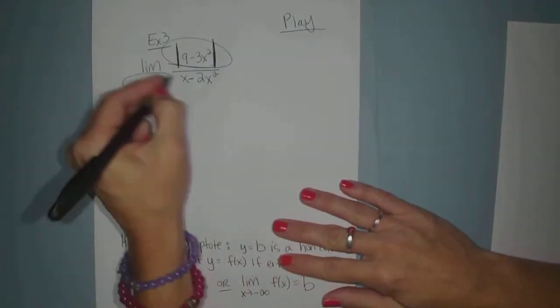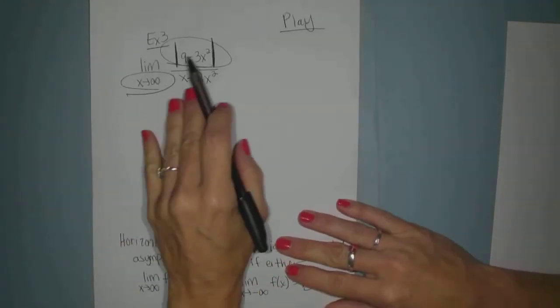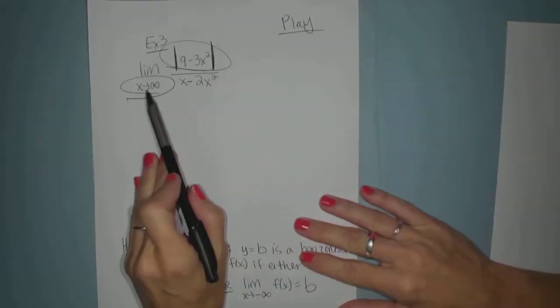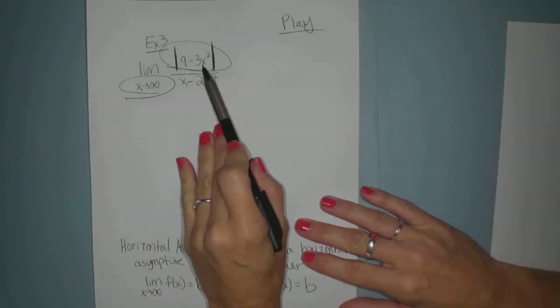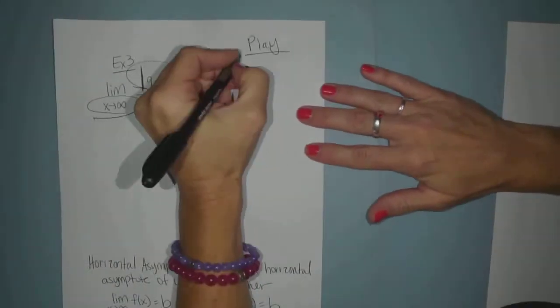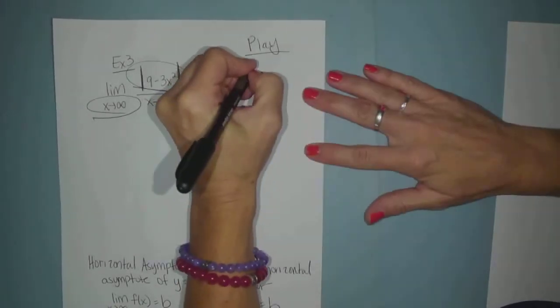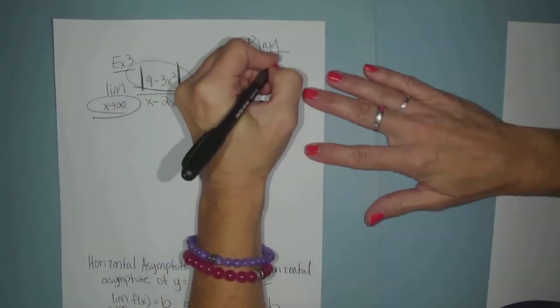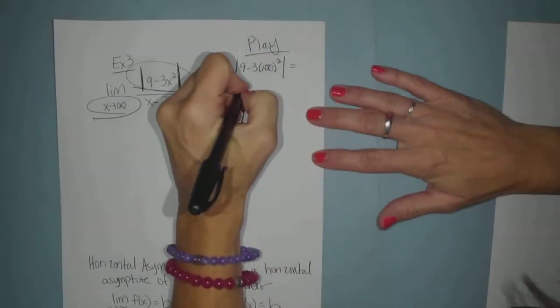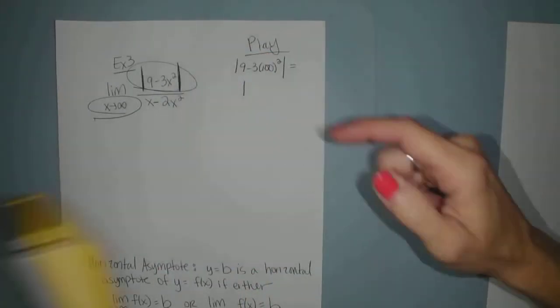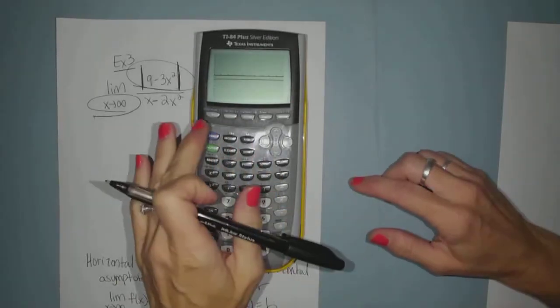Okay, well, let's see what x is approaching. The values of x we may plug in during the playtime are large positive. So let's put 100 in there for this x. So if we take the absolute value of 9 minus 3 times 100 squared, let's see what we get. Depending on what you used, you might need your TI.